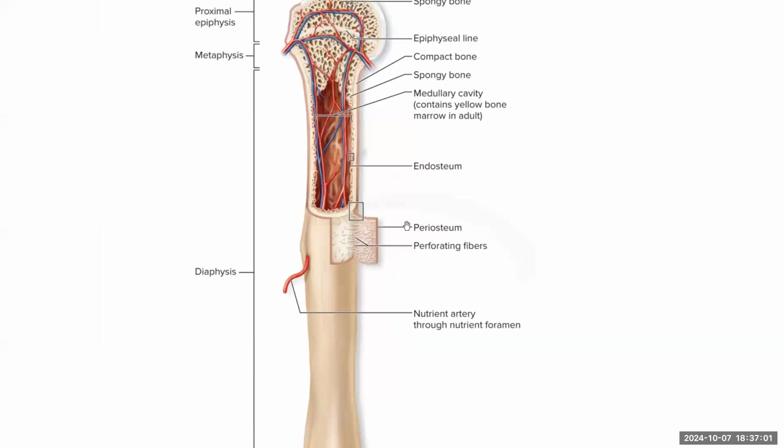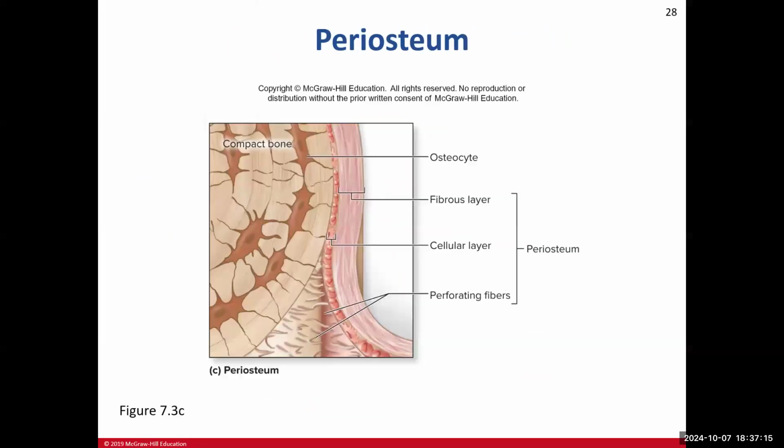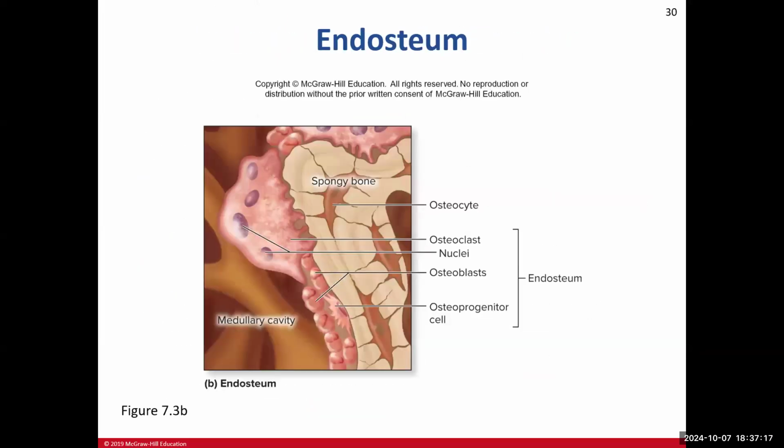You see those little holes there, right? All those little perforations. That's the spongy bone, right? The trabecular bone. So the periosteum is on the outside. The endosteum is just on the inside here. So that endosteum is going to cover all the little trabeculae, all these little spicules that you see here. It's going to be covered with this cell layer here, right? And again, it's made up of all these various cells, which we'll talk about.